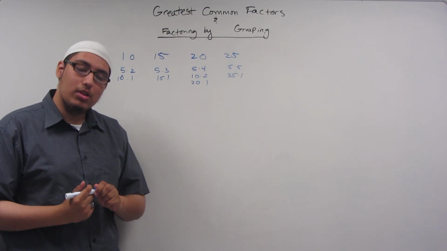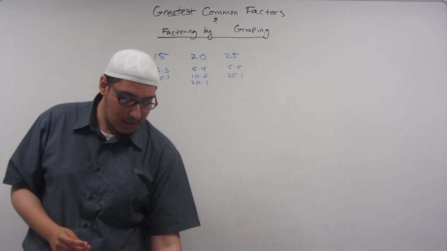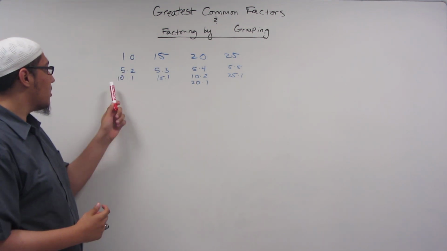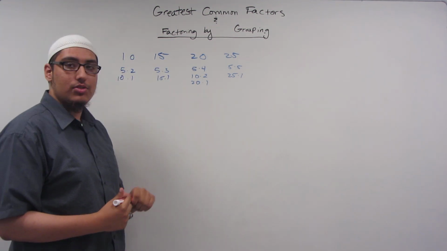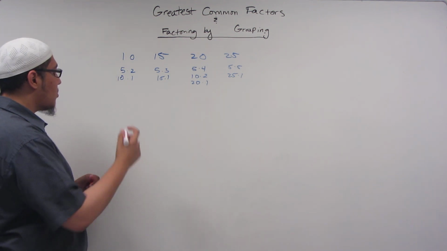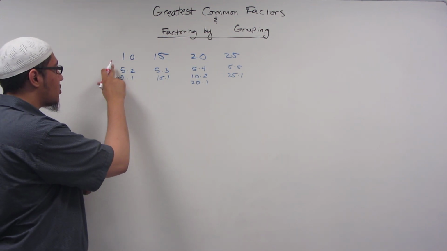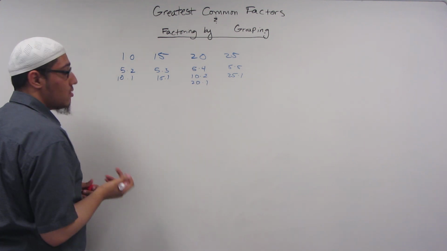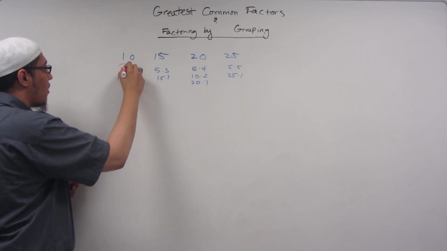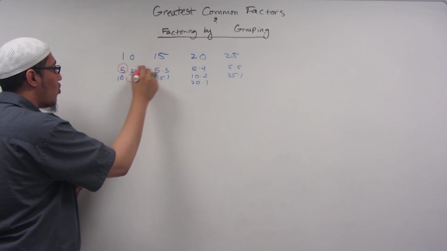Now, let's talk about common factors. Common factors are essentially the factors that are common in between all of these terms. So, let's see, do I have any factors over here that are the same throughout? I do. I have both 5 and 1.